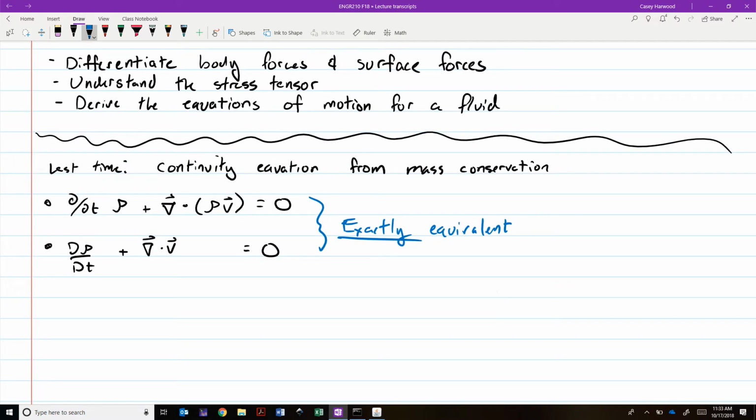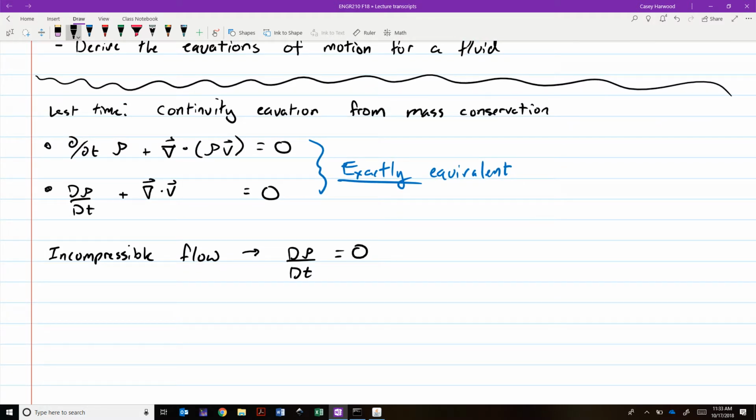And we had one simplification that said if we have incompressible flow, this signifies that the density of a given particle cannot change. In other words, the material derivative of the density has to be 0.